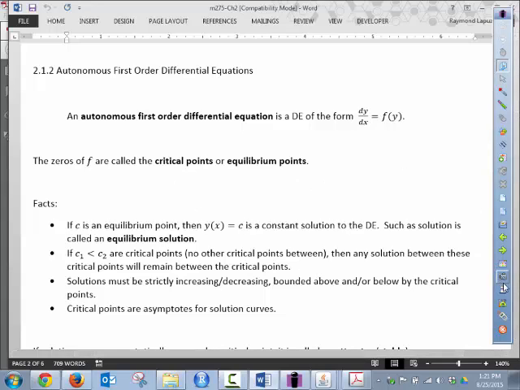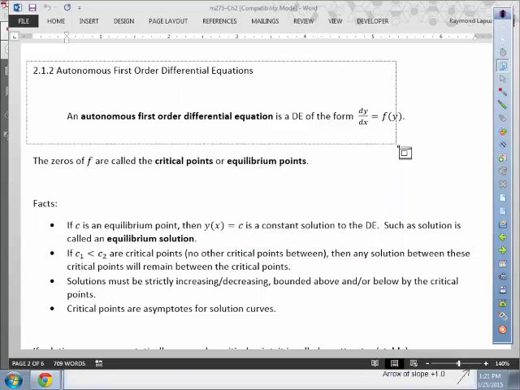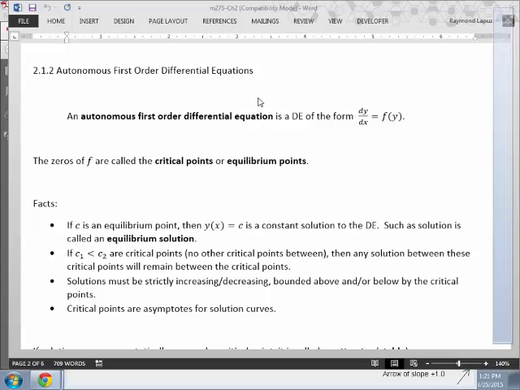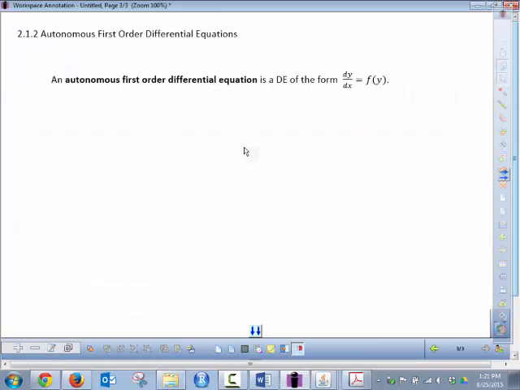So, to talk about equilibrium points, we need to define an autonomous differential equation. Now, a general first-order differential equation isn't really defined like this.